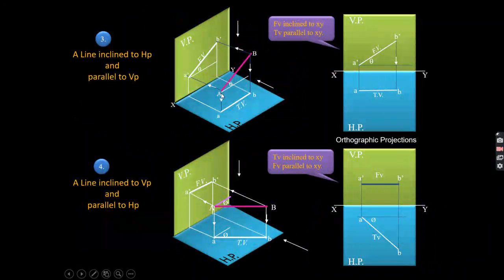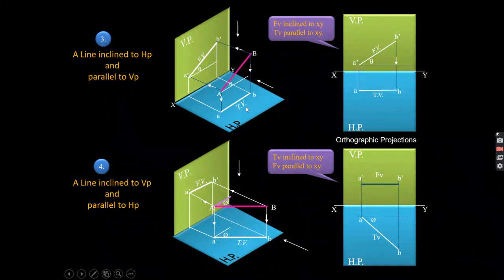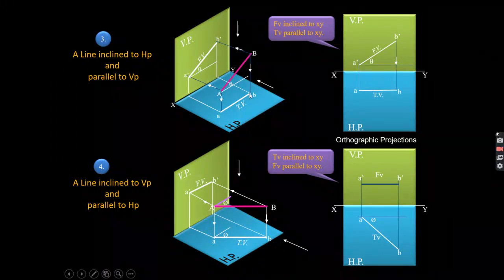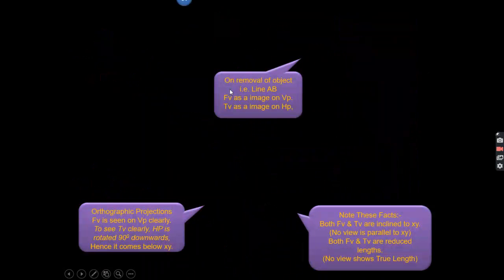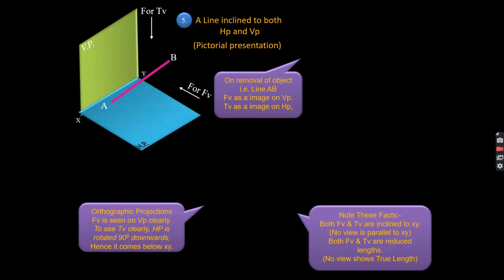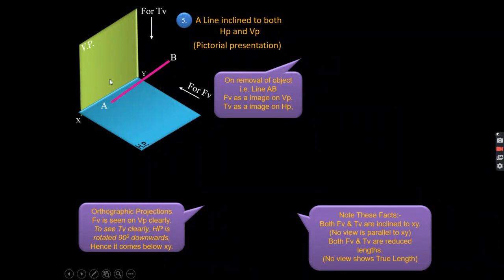In this picture, whenever the line is inclined to any plane and you draw the projection on that plane, like in this case it is inclined to the horizontal plane and we are drawing the projection on the horizontal plane, meaning it is a top view, then this length is less than the length of AB, right? In the same way here we can see, if your line is inclined to both VP and HP, then whenever we draw the projection on the HP and VP, we will not get the true length of the line AB.